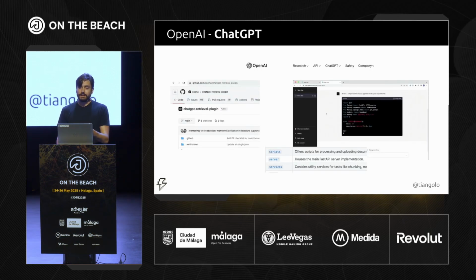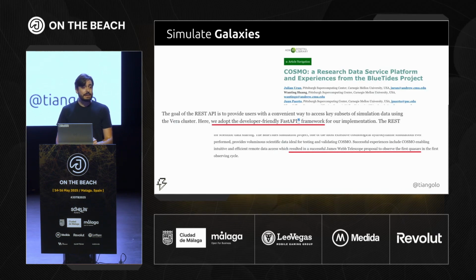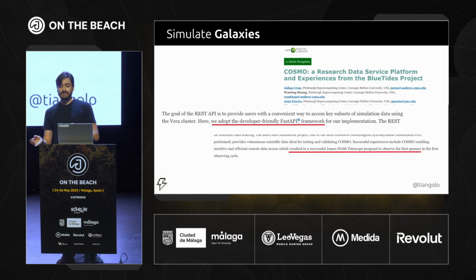They also use it at OpenAI for a bunch of internal things. They released an interview just yesterday saying how they are using FastAPI for all the ChatGPT images, the new feature to generate images, which is super cool. They also use it to simulate galaxies, and simulating these galaxies led to observing the first quasar. I have no idea what that means, but it sounds super cool, so this deserves a slide.